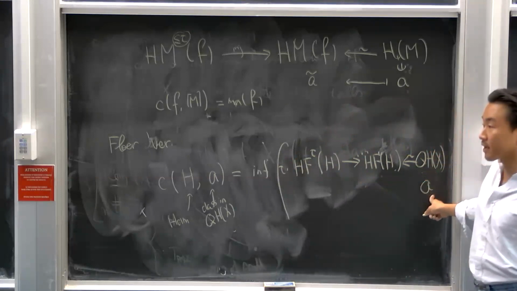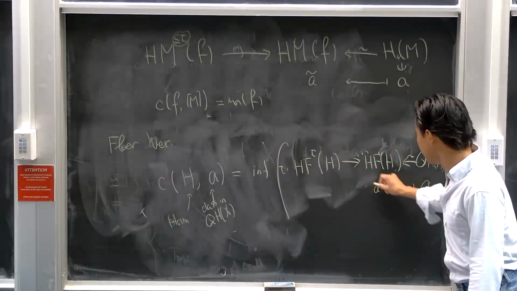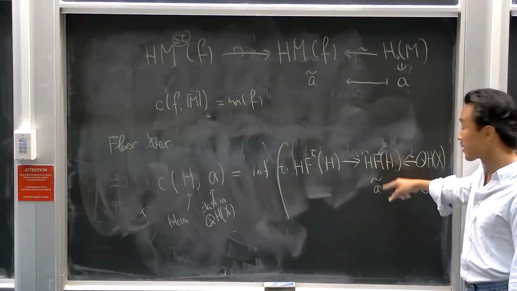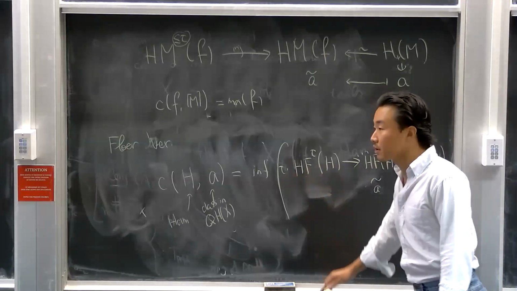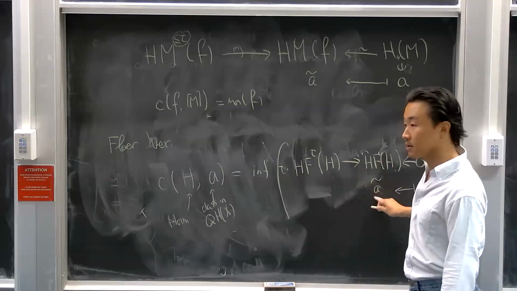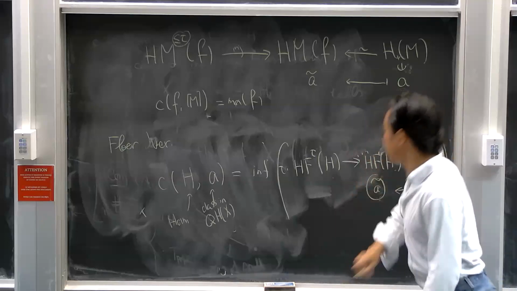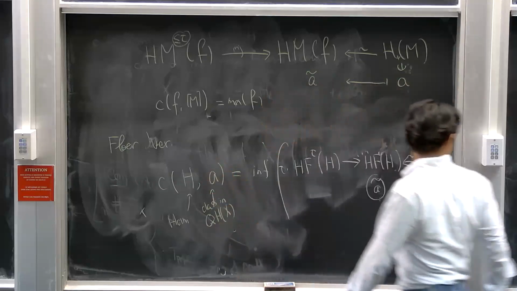I'm given a class here, and I look at its counterpart in the Floer setting, and then I start increasing the filtration level and wait until I start seeing this class. And that's called the spectral invariant.